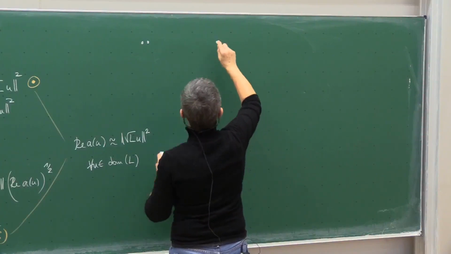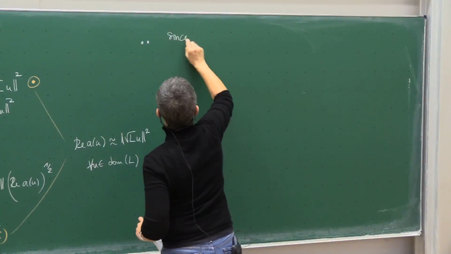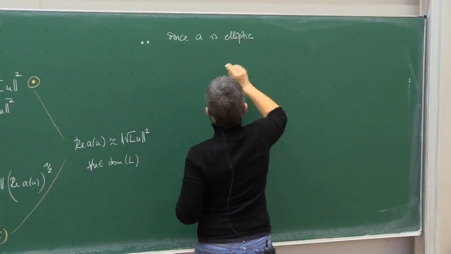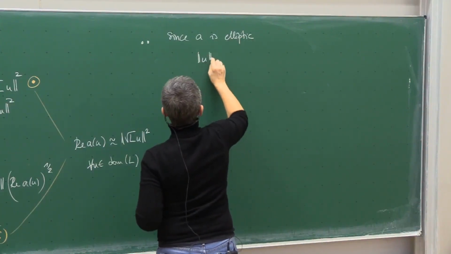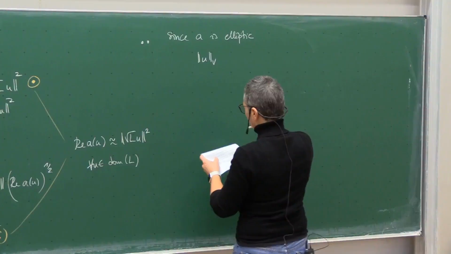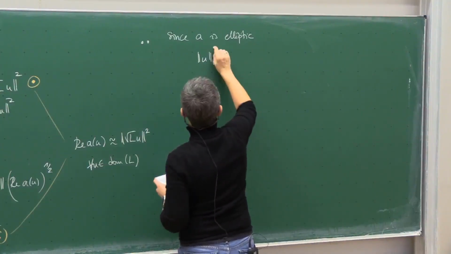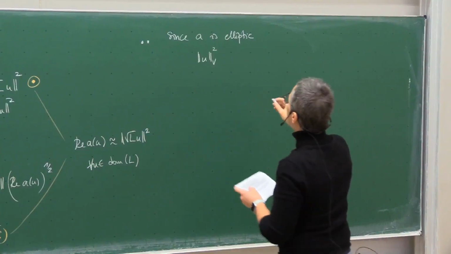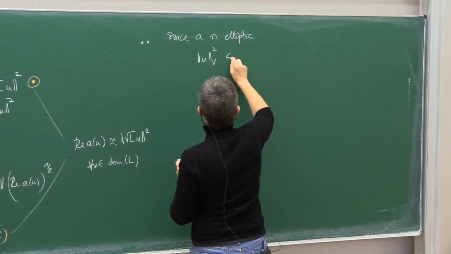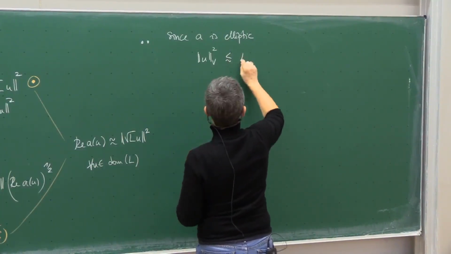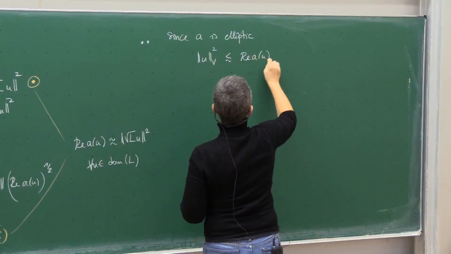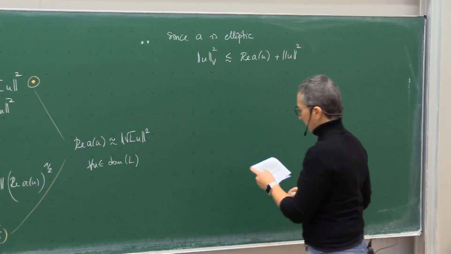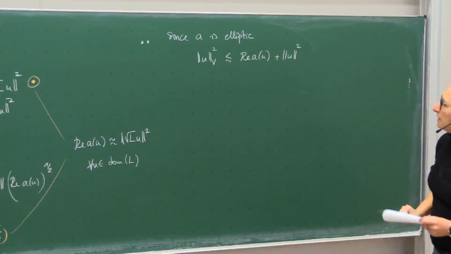So what we know is that since A is elliptic, we know that the norm of u in V squared, well, I took it as a definition, but actually is less than or equal to the real part of A of u plus u in H squared, right?